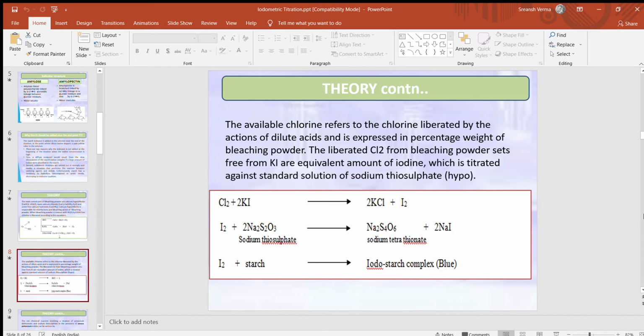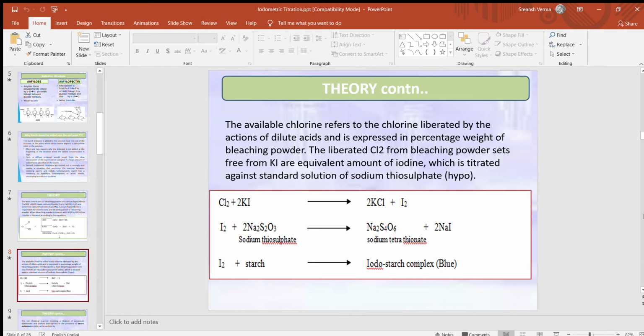Afterwards, the same iodine is titrated against standard sodium thiosulfate solution. When this iodine reacts with sodium thiosulfate, it forms sodium tetrathionate and sodium iodide.